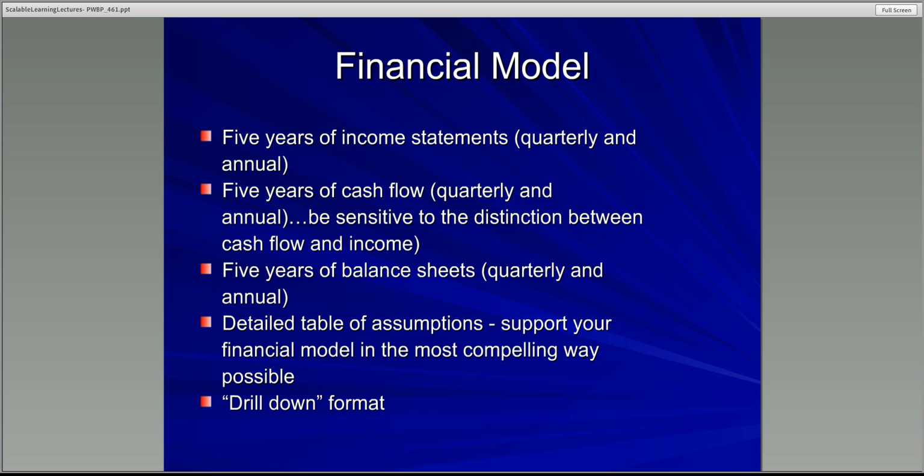In addition to the financial statements, you'll typically have a 1 year, by the way, the first year budget as well. But in addition to that, you'll want a table of what all your assumptions are, what you would call the notes, if you will, of how your income statement, balance sheet, and cash flow come together.